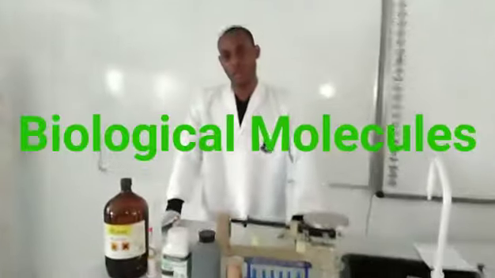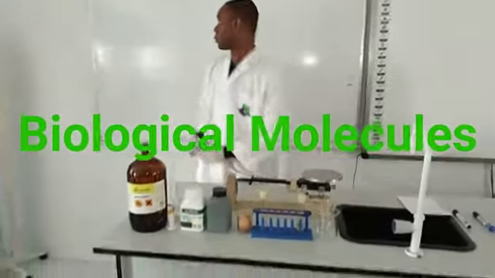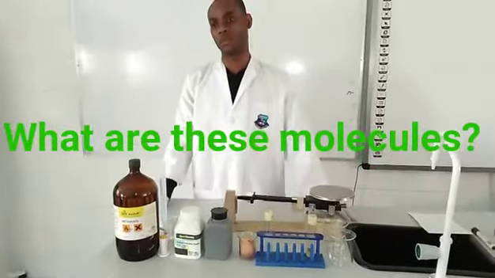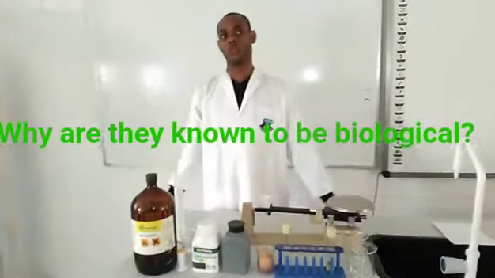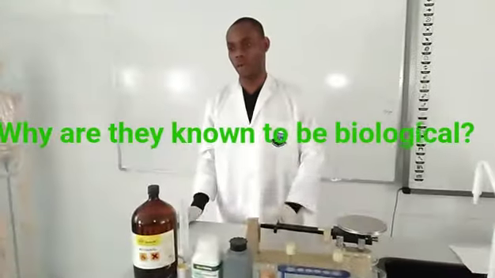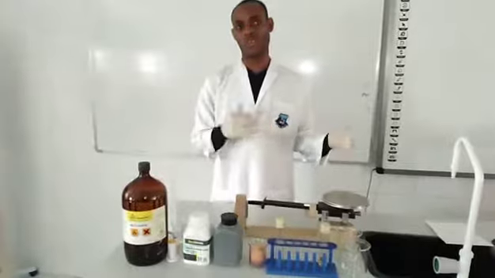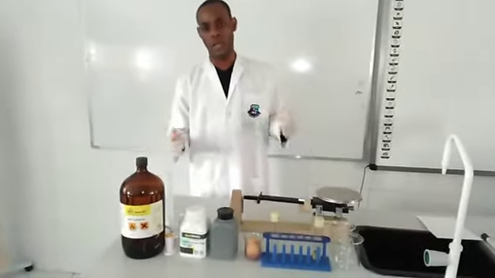Today we'll be doing something on what I call biological molecules. What are these molecules? Why are they known to be biological? A molecule is made up of two or more elements.